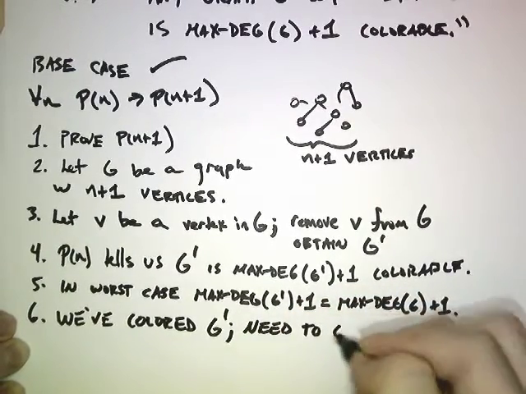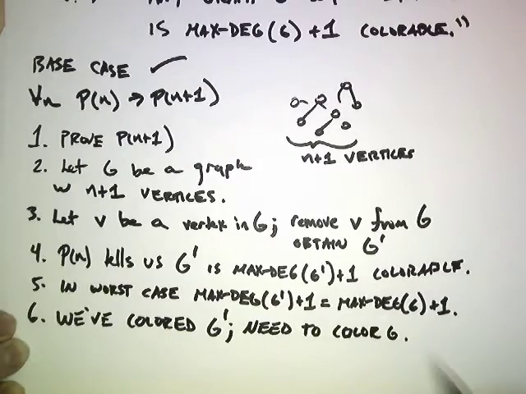Need to color G. How do we finish our coloring of G?